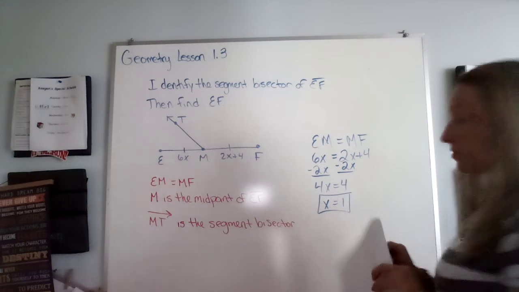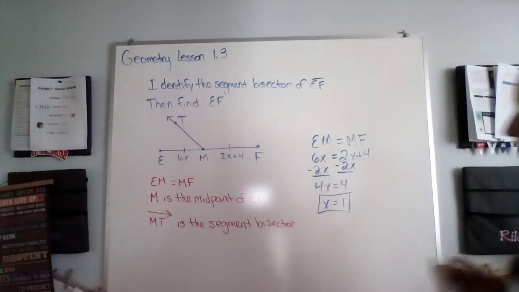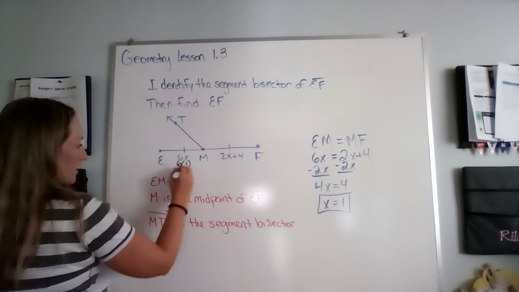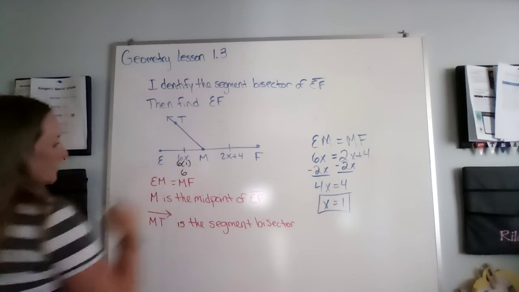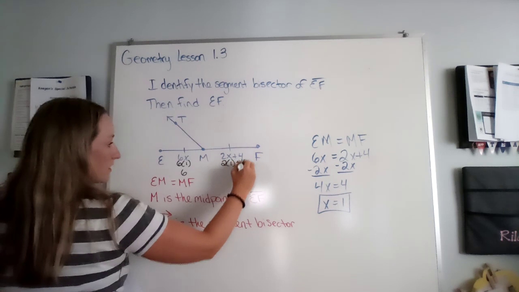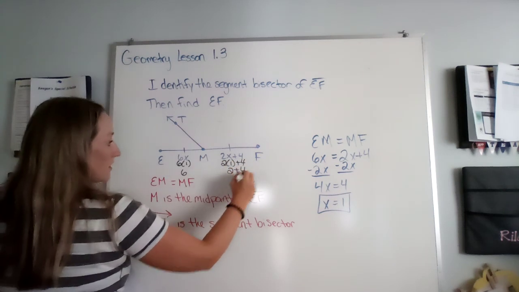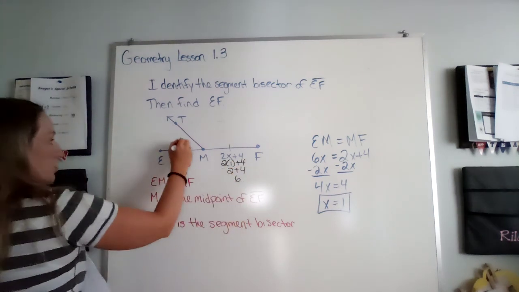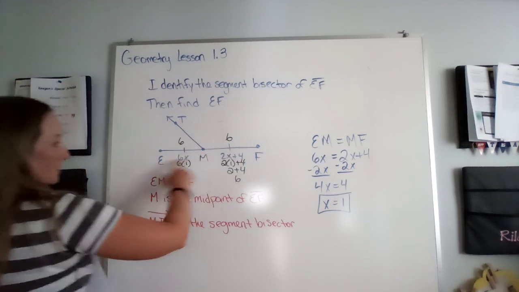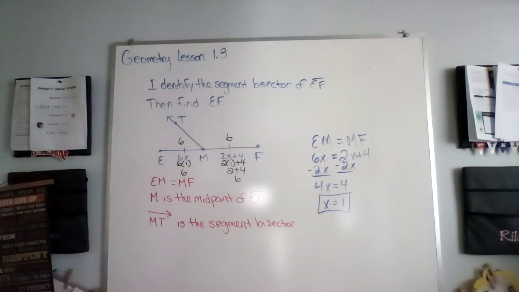So if x is equal to 1, I can substitute the 1 back in. I know that this segment from E to M is 6 units long. 2 times 1 plus 4, 2 plus 4. This is 6 units long as well, which it should be. So if we have 6 units and 6 units, the length of EF is how long? 12 units.